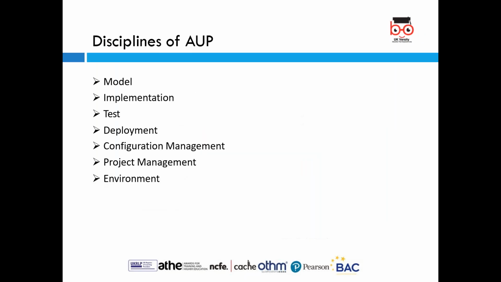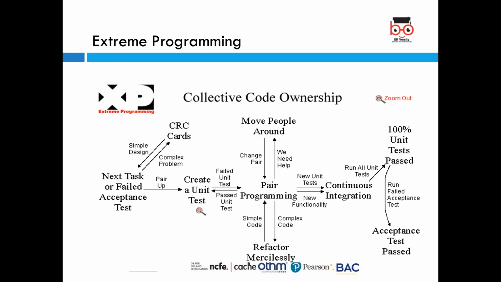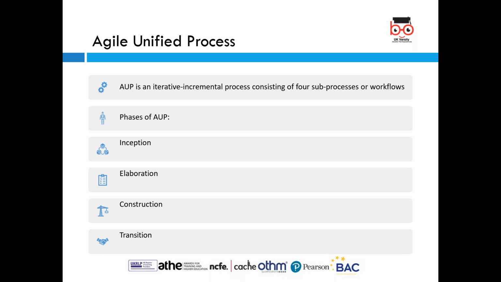So if we go back and look at a couple of things that we need to understand: since it's linear, agile unified process is an iterative incremental process.